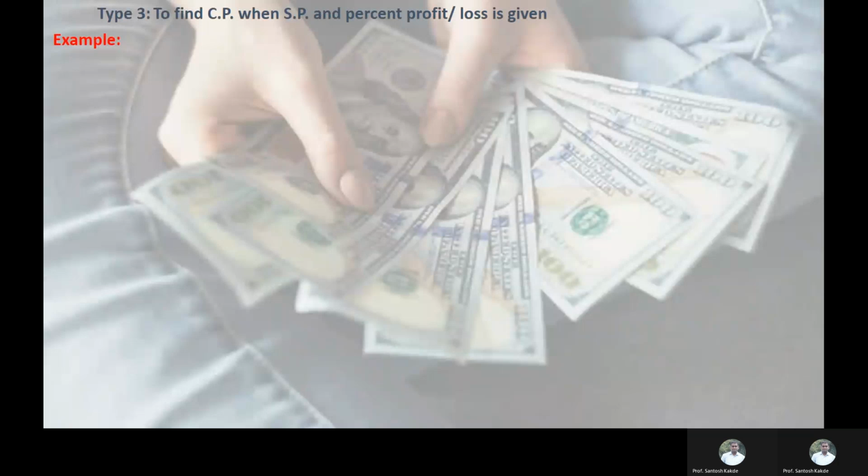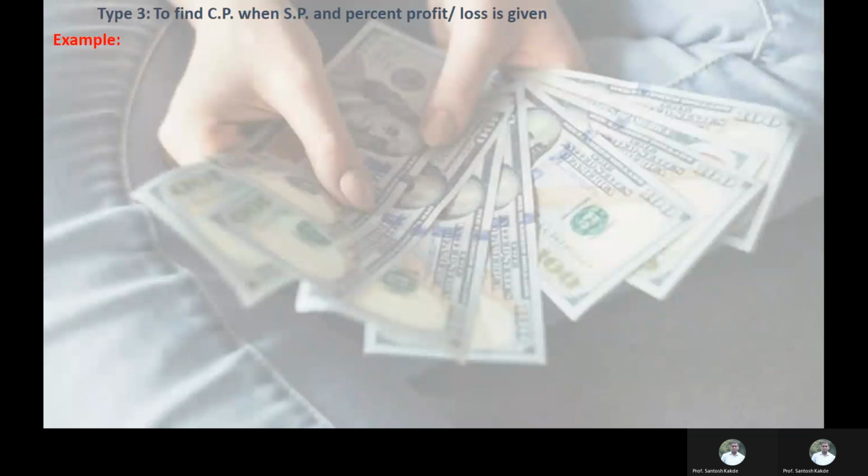In the previous example, we had to find the SP, that is selling price, when CP and percent profit or loss is given. Here, in the third type of example, we have to find CP, that is cost price, when selling price and percent profit or loss is given.